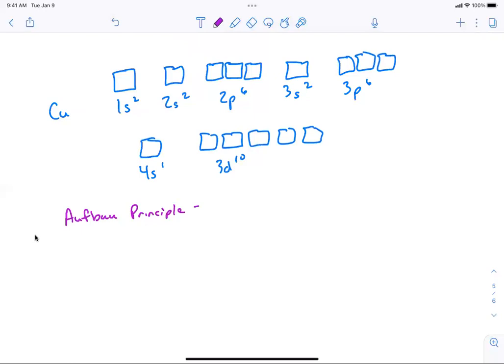The Aufbau principle states that electrons fill the lowest energy orbitals first, meaning that they fill in 1s before they fill 2s, before they fill 2p, before they fill 3s, they fill 4s before 3d.